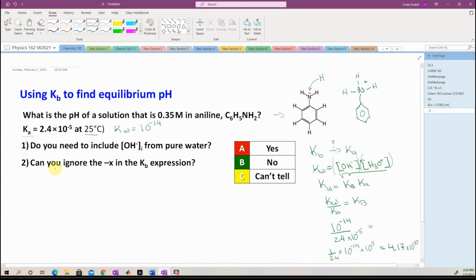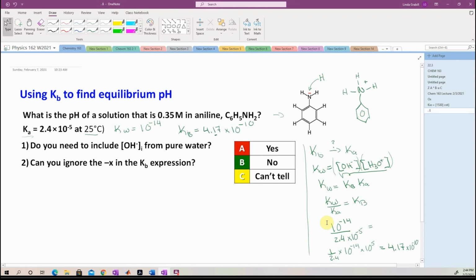So let's go ahead and write this, that our Kb is going to equal 4.17 times 10 to the negative 10. I can remind myself that this is only going to have 2 sig figs, so I want to keep that in mind as I go.